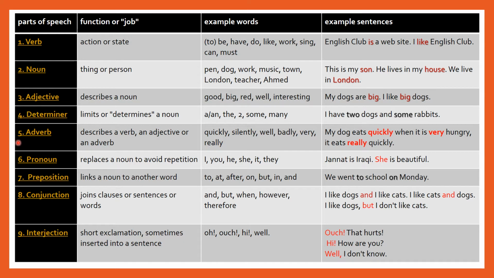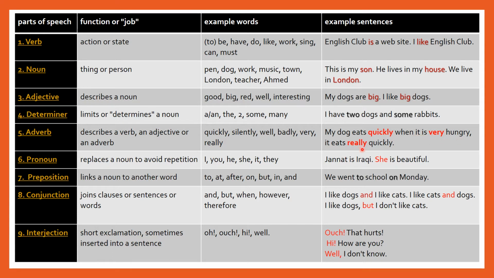The fifth part of speech is adverb, which describes a verb, an adjective, or an adverb. Examples of adverbs are quickly, silently, well, badly, very, and really. Example sentences: My dog eats quickly when it is very hungry.